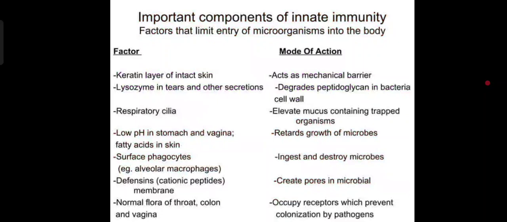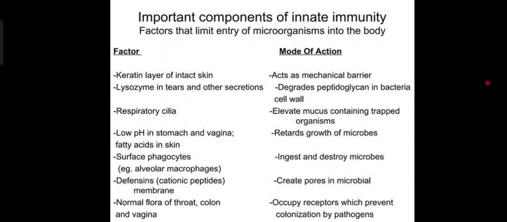Factor and mode of action: the keratin layer of intact skin is a mechanical barrier. Lysozyme in tears and other secretions degrades peptidoglycans in the bacterial cell wall. Respiratory tract: cilia and mucus trap organisms. Low pH in the stomach and vagina retards growth of microbes.